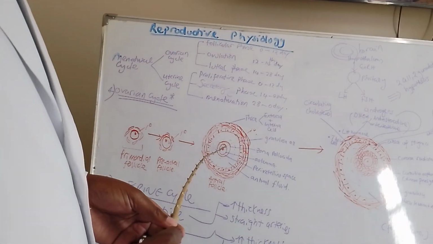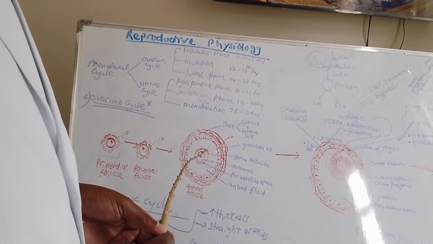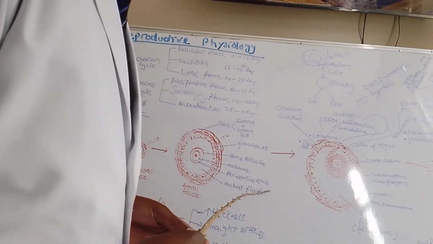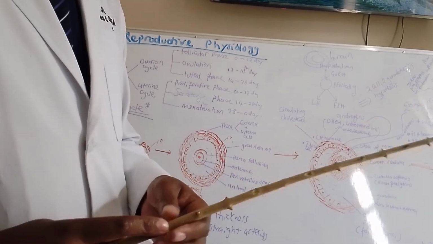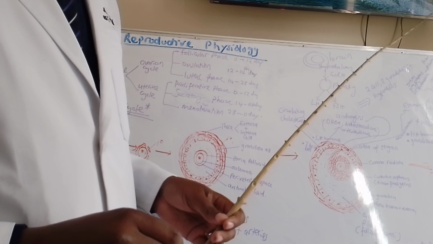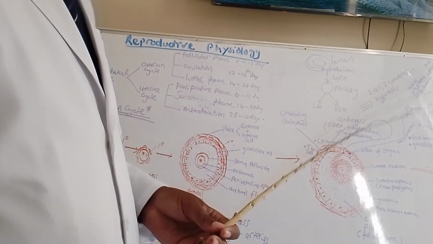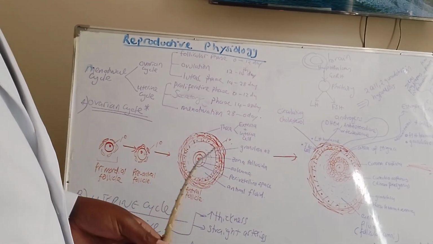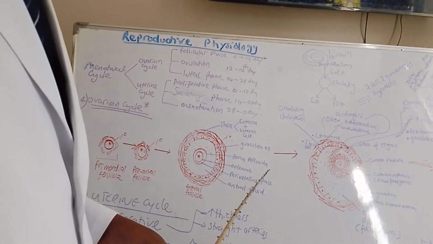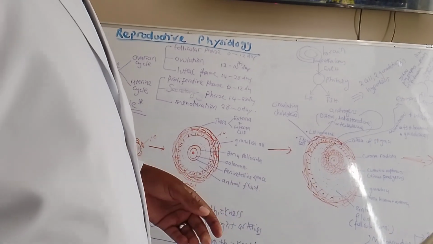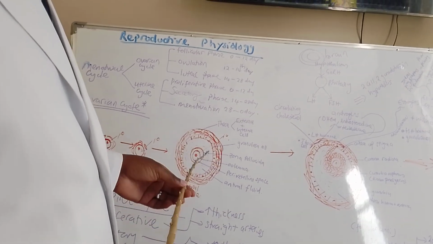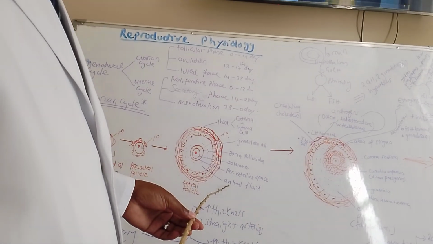Between the cell membrane of the primary oocyte and the zona pellucida is a space known as the perivitelline space. This space is important because that's where you have storage of the polar bodies. So polar bodies are extruded into the perivitelline space. And the cell membrane of the primary oocyte is sometimes called the oolemma. Remember, sarcolemma, oolemma, and so on. Then comes the fluid. The fluid is known as the antral fluid.